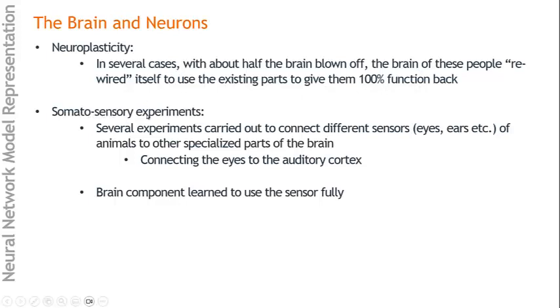With somatosensory experiments, several experiments were carried out to connect different sensor types of animals to other specialized parts of the brain. You can connect the eyes to the part of the brain that deals with hearing, and the brain component learned to use the sensor fully. So the animal whose eye was connected to the auditory cortex was able to see with its hearing system.